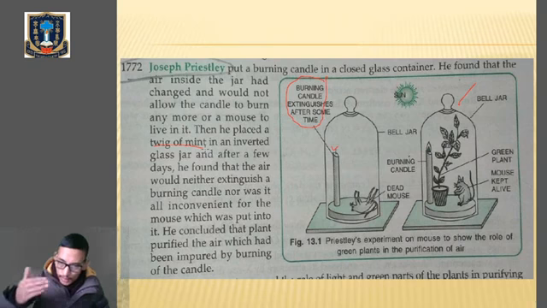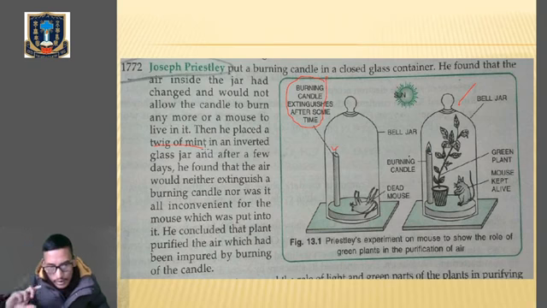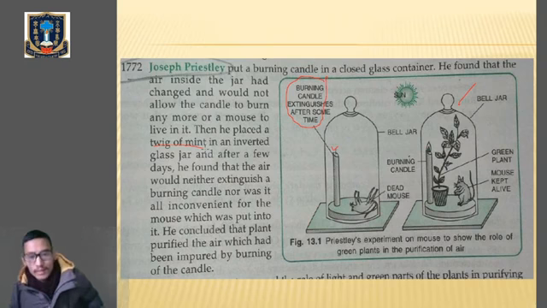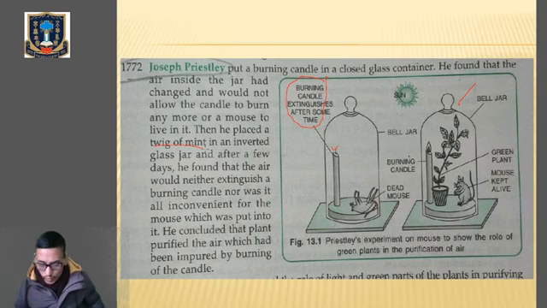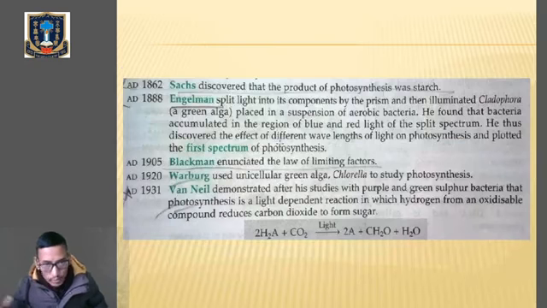In that container the candle burned continuously and the mouse was kept alive. Why? Because that twig of mint, the plant placed in the second glass jar, purified the air which was being imbued by the burning candle. So this was the role of Joseph Priestley in the process of photosynthesis, that the green plant purifies the air. Clear?